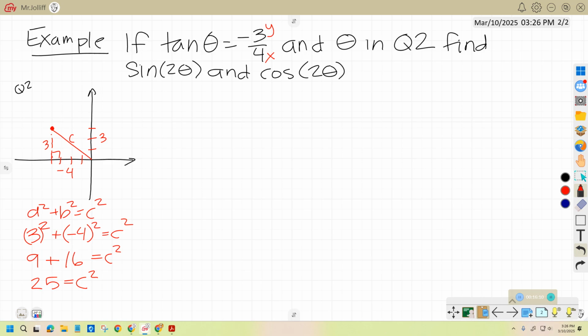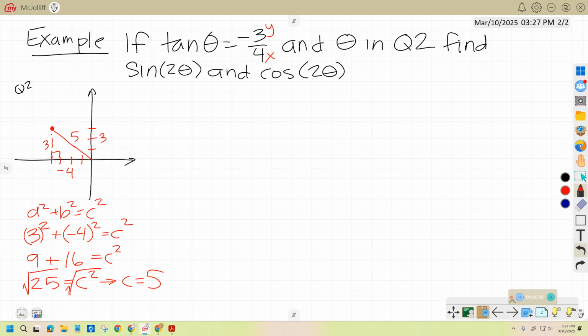And how do I undo a square? I don't want c squared, I want c. Square root, perfect. Square root both sides. C is 5. Perfect. I can go back in my triangle and write that. I know my hypotenuse is 5.